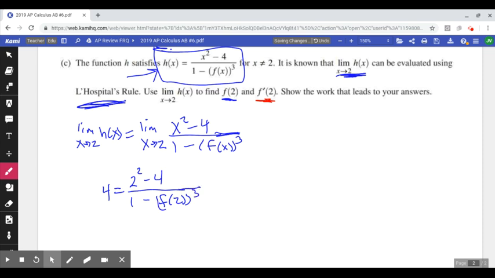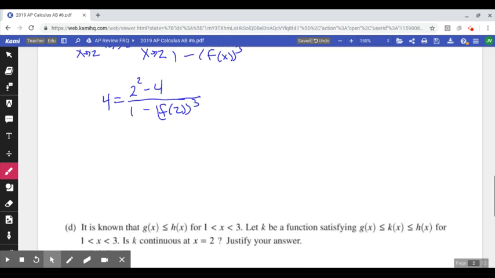So you'll earn a point for setting the limit as x approaches 2 of h of x equal to 4, and then making that equal to the limit as x approaches 2 of the entire function itself. Let's try to solve this for f at 2, which is where your second point is going to come from. In this case, I'm going to multiply by the denominator.